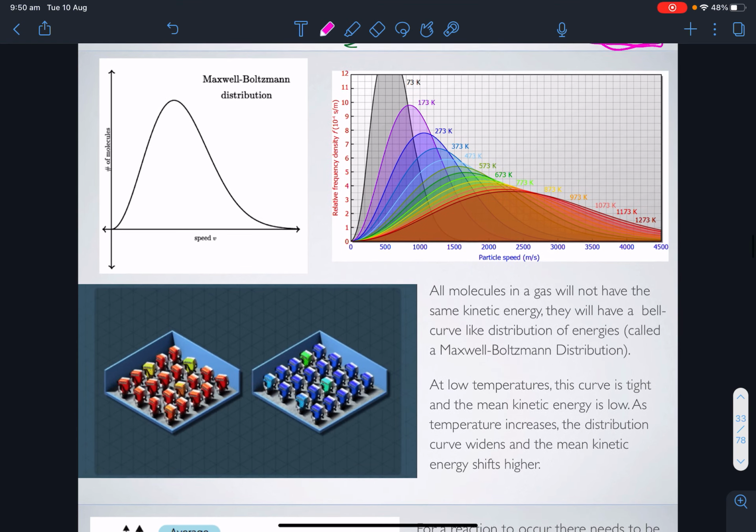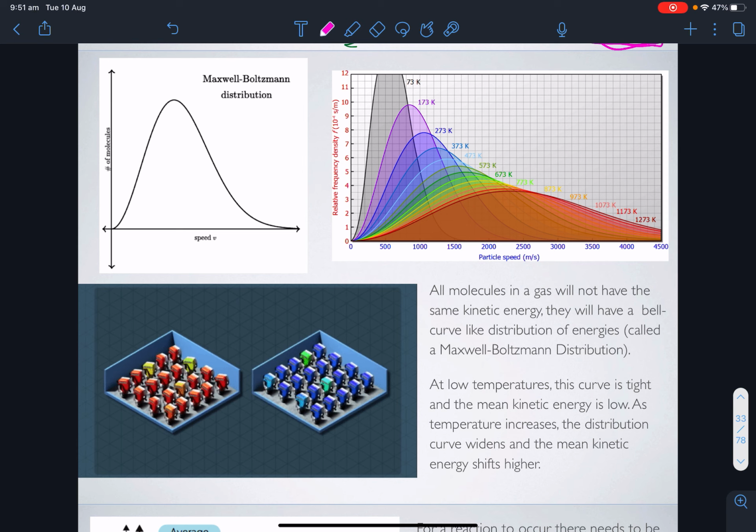One thing to note here is that all molecules, especially molecules in a gas, do not have the exact same kinetic energy. There's a range of kinetic energies. Say you have a canister of CO2: the molecules will have roughly the same energy, but they will have a bell curve of energies.